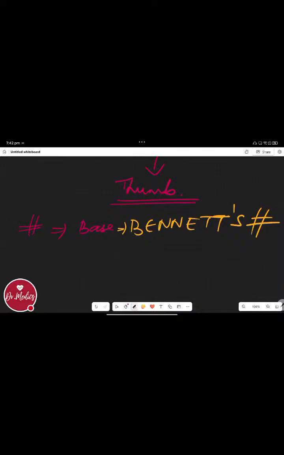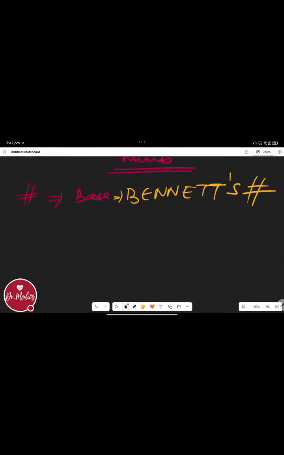This fracture involves the anterior part of the base. This is the thumb. The anterior part of the metacarpal bone gets fractured.